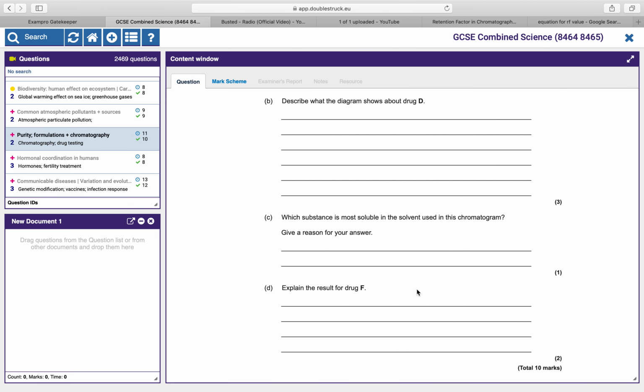Which substance is most soluble in the solvent used in this diagram? If something is soluble, then it's going to be easily carried up by the solvent, and so will be closest to the solvent front. It's going to stick to the solvent, which is the mobile phase. The actual liquid is going to stick to that as much as possible, and so be carried furthest up.